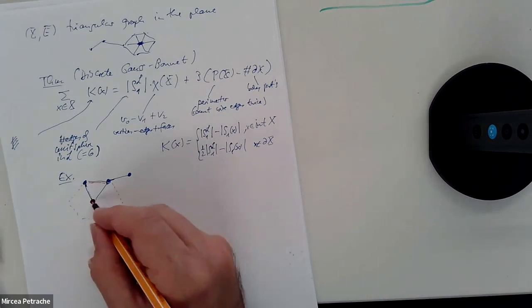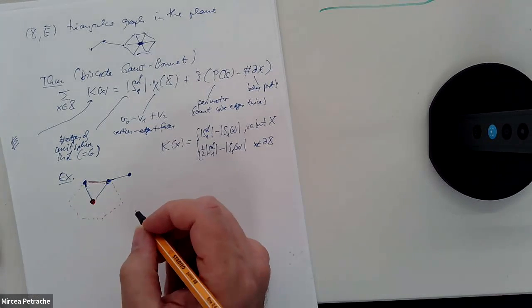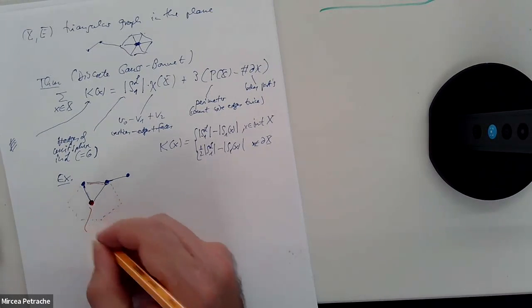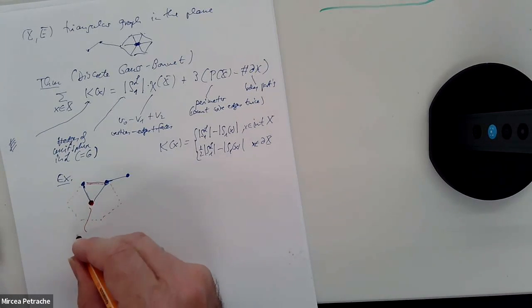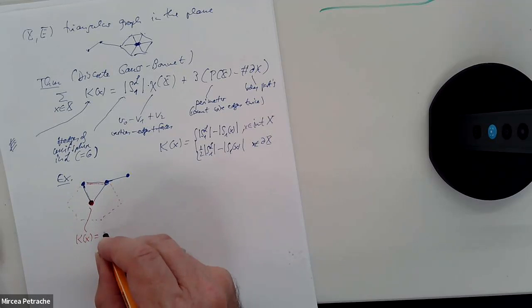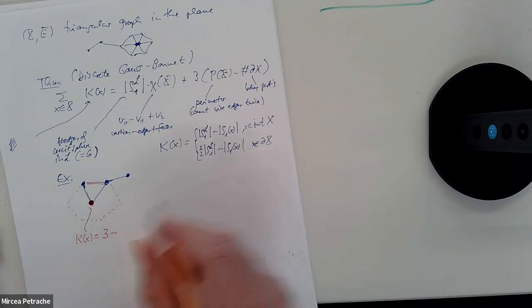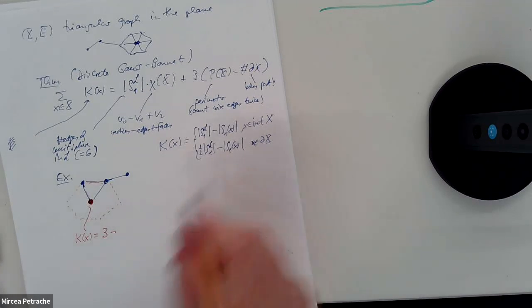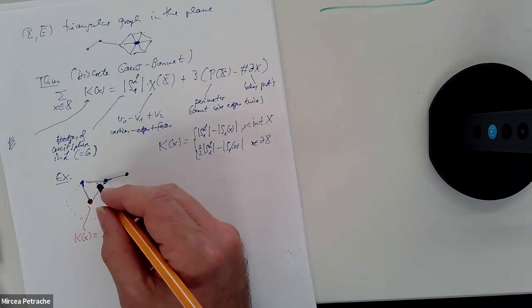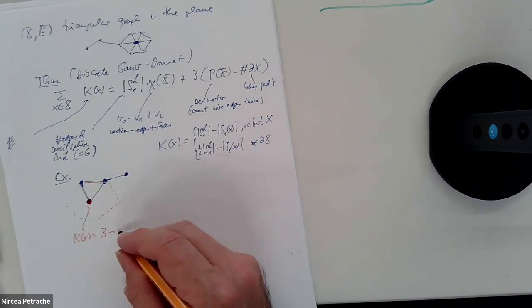So the unit sphere around this point has only one edge. But when you look at the reference here, k of x should be a half times 6, so it's 3, minus this S1 of x here. The number of edges here is really just 1.